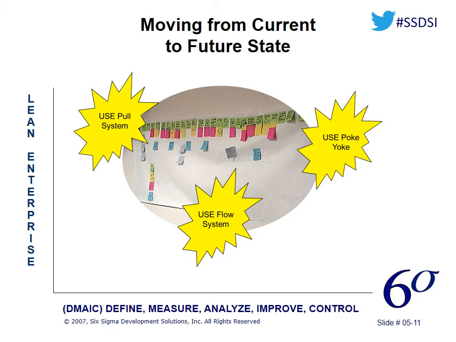So if I have a process and it's taking 3 weeks, but it really should take 2 days, well, that 3-week process is my current state, and I really want to know what's causing it to last that 3 weeks. My future state is what tools do I have to put in place?